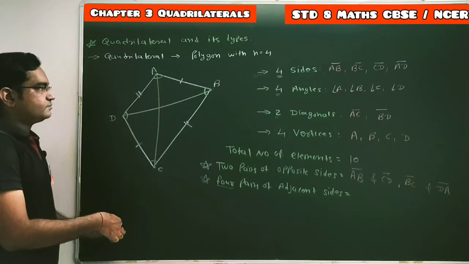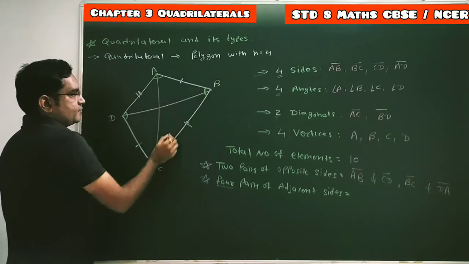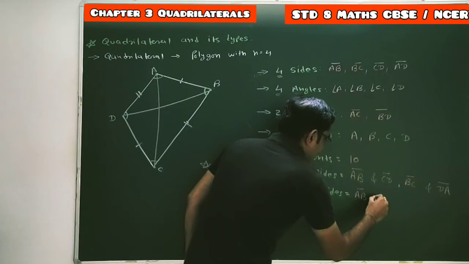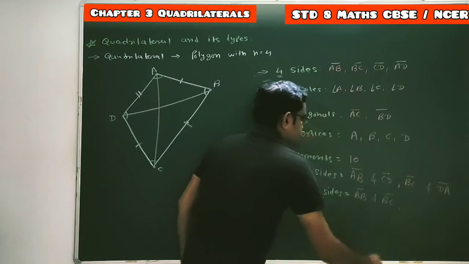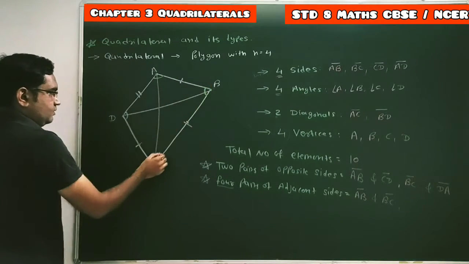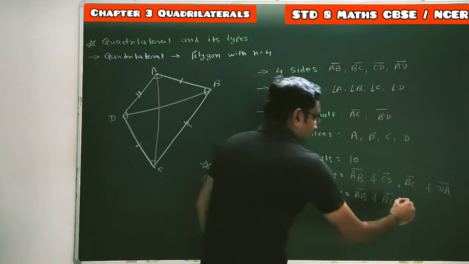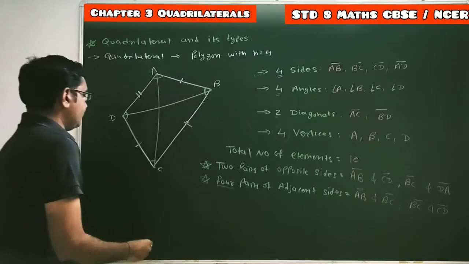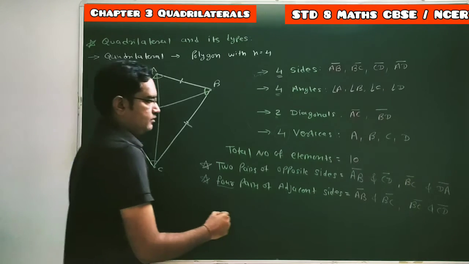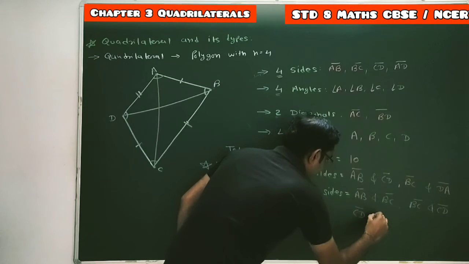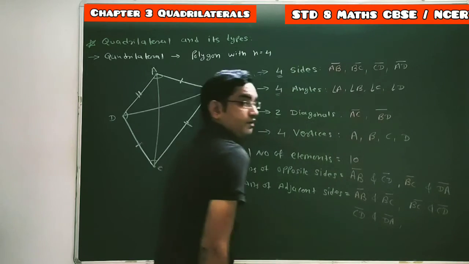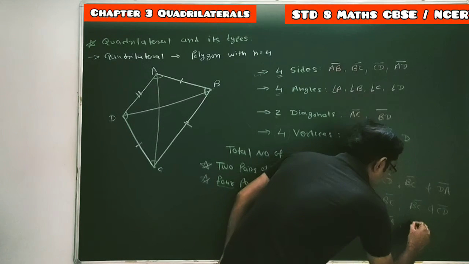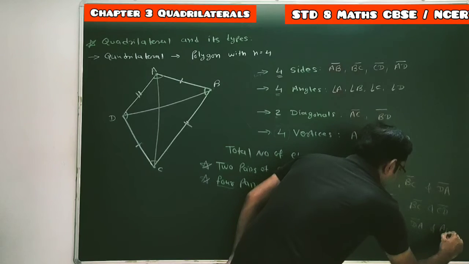That 4 pairs are, let's start from here, in clockwise direction: side AB and side BC, side BC and CD, then side CD and DA, and last one DA and AB.